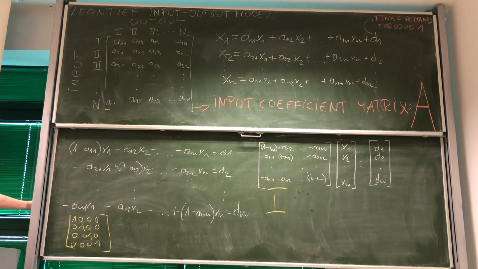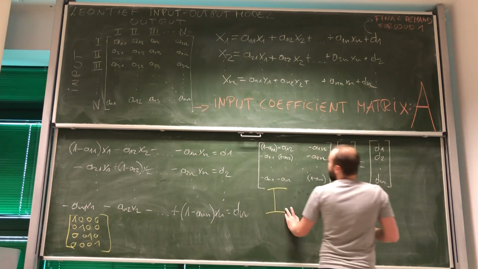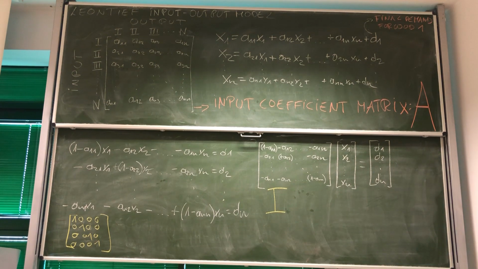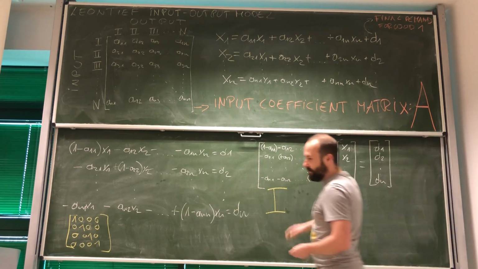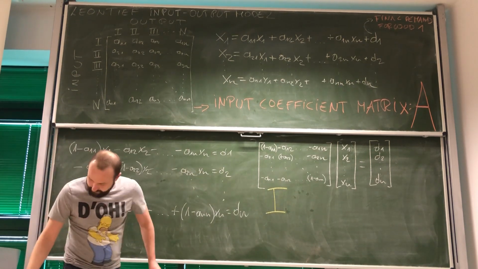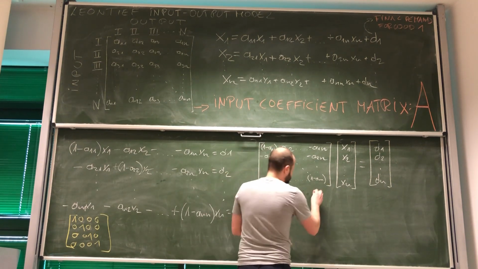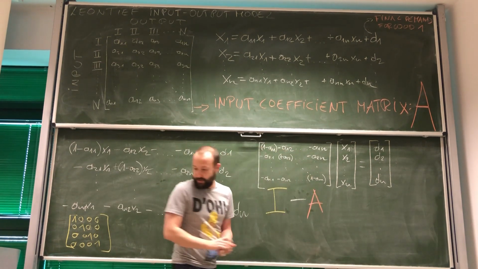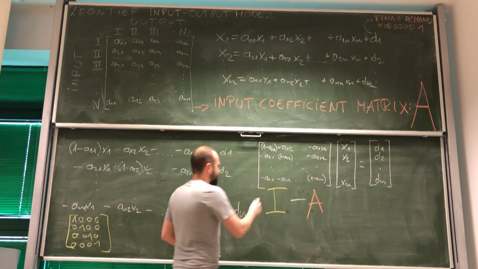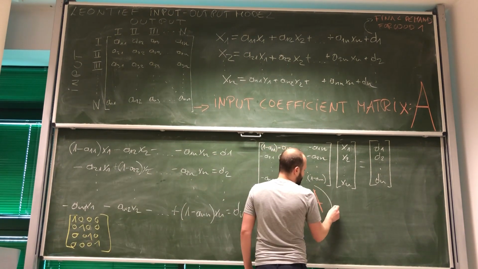It needs to be of size n, so they are compatible for subtraction. Then you take this identity matrix and subtract from it the input coefficient matrix. Here is what we have.